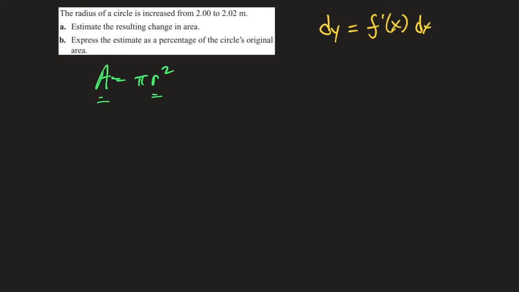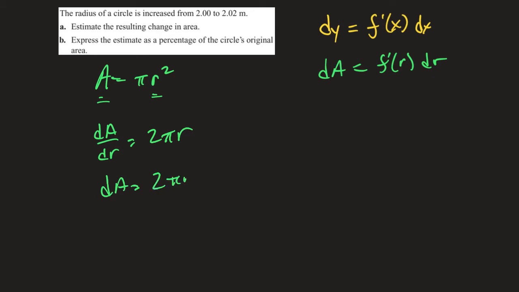So instead of dy equals f prime of x dx, we are looking for dA, which will be f prime of r dr. So we're going to take the derivative and multiply by the change in r. So let's get that derivative written down. dA over dr is going to be 2 pi r, and then dA would equal 2 pi r times dr.